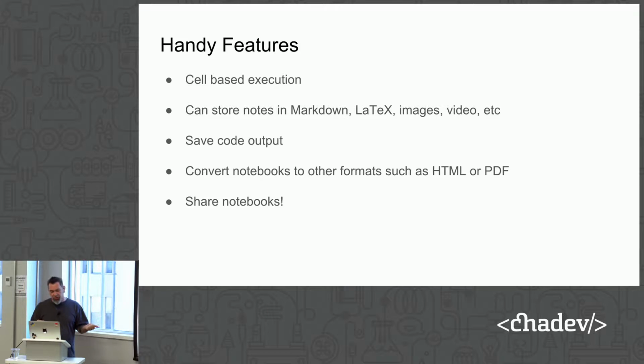And so everything is just wrapped up right there in a handy little package. And then you can convert to other formats such as HTML and PDF if you need to hand some stuff off. And of course you can share the notebook files themselves because they are just JSON files that you can store up and pass around. GitHub integration for ipython notebooks is really top-notch. If you may have ever gone out to a GitHub repo and seen that someone has a notebook in there, you click on that file and it parses the whole notebook for you.